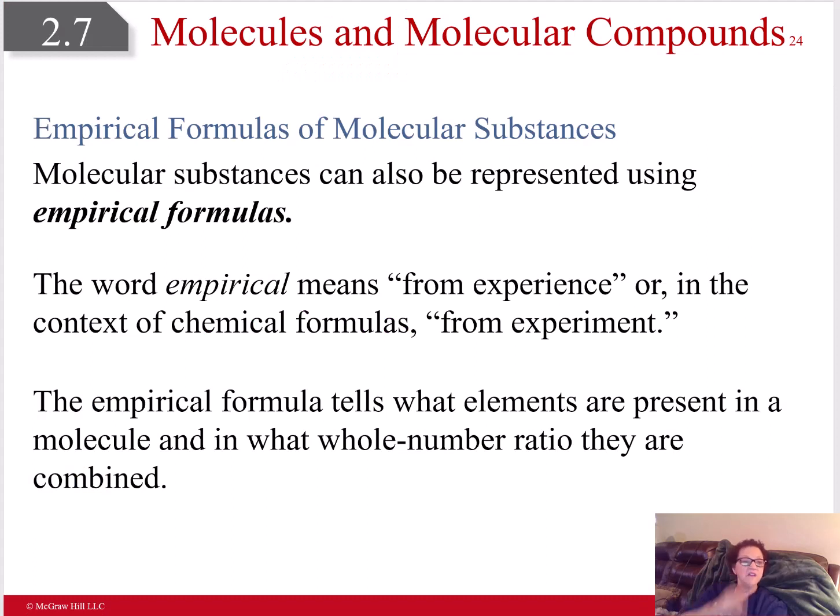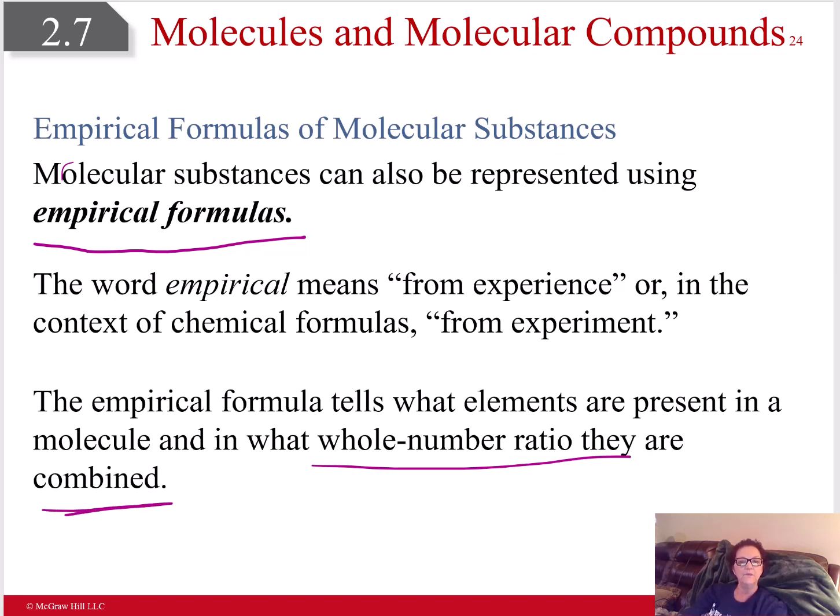So since molecules can have multiple formulas, they can have what we call an empirical formula, is the fourth type of formula. The empirical formula is the lowest whole number ratio. Okay?